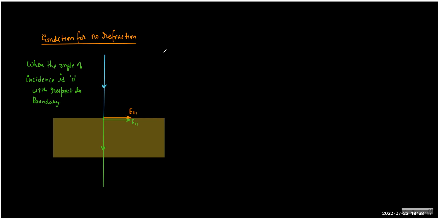Sir, that E perpendicular is the resultant of the electric field? See, if the light ray is coming this way, there will be two components. One will be normal to the plane, another will be perpendicular to the line.